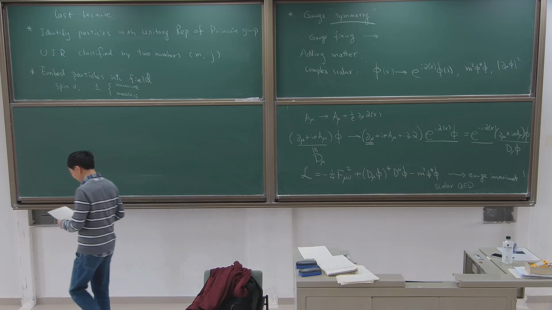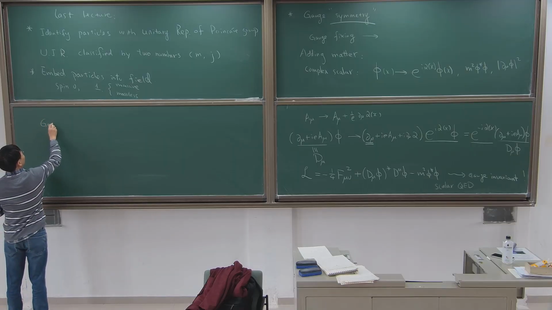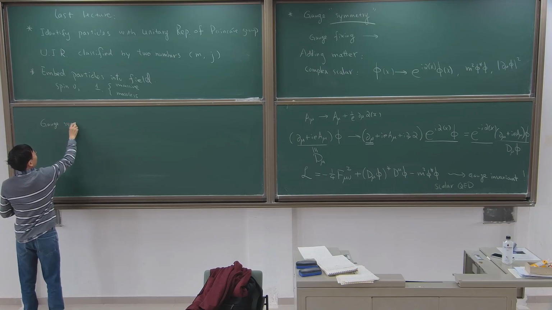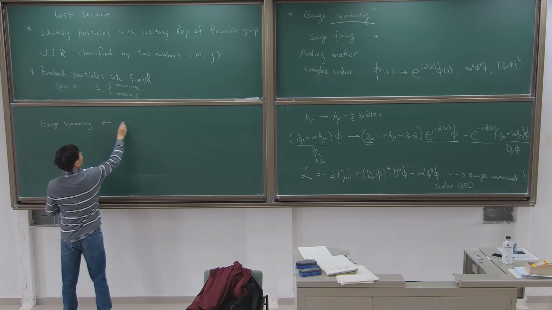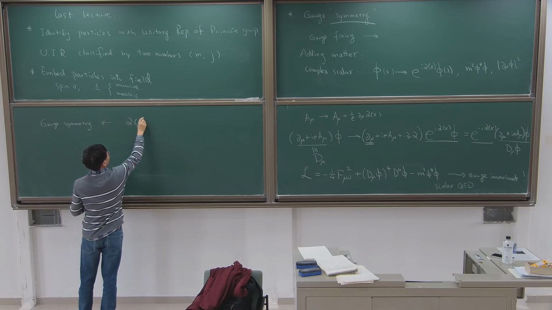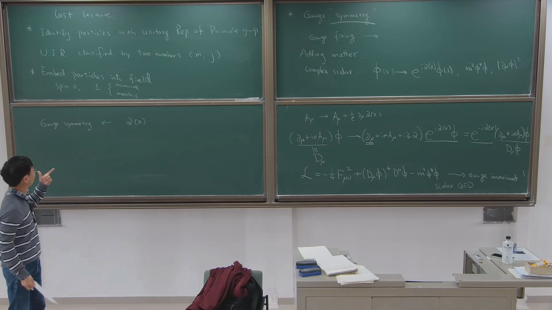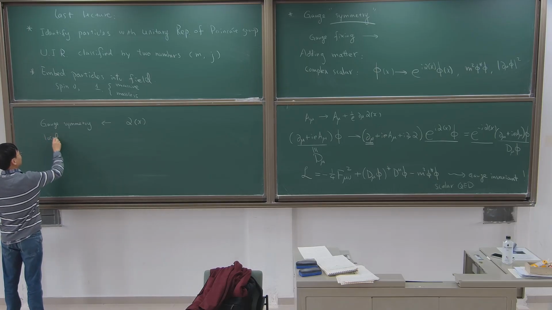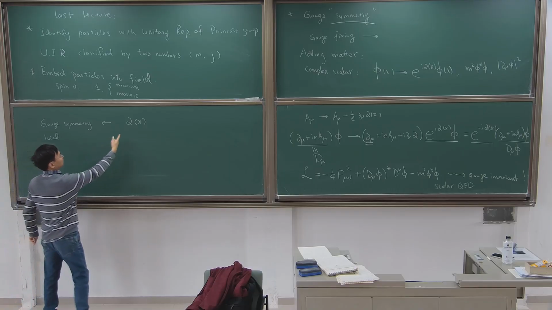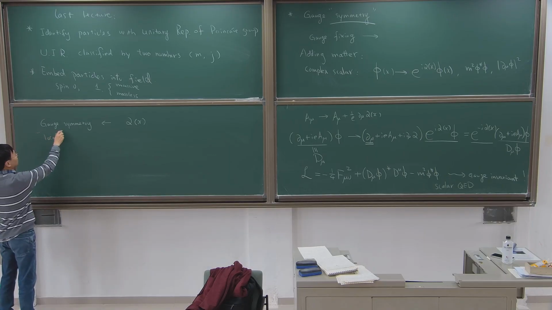The first relation is that the gauge symmetry is parameterized by some function alpha of x. Sometimes we also call such a symmetry a local symmetry. It's also not a very good name, because in principle this is a local function. Sometimes people use this.